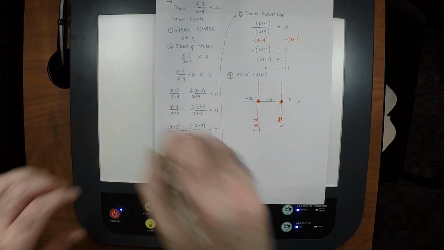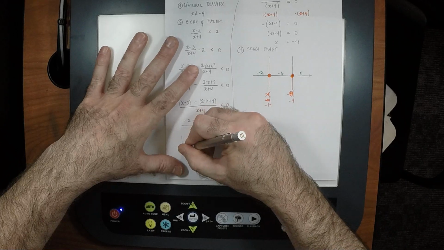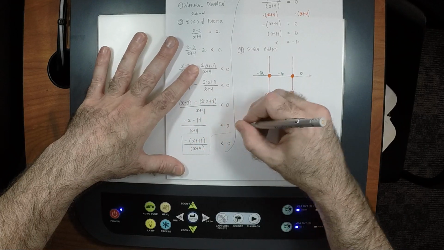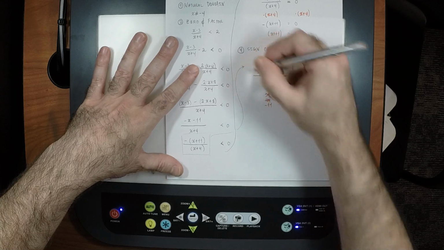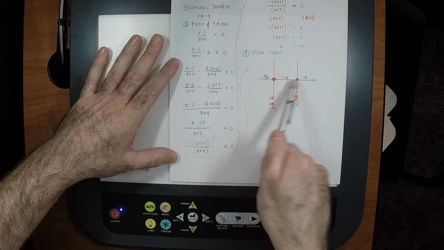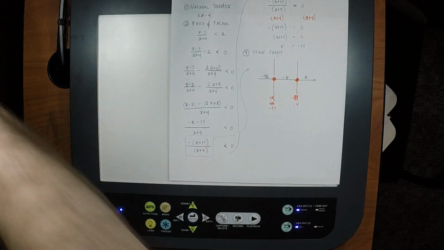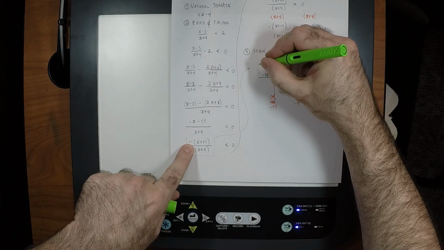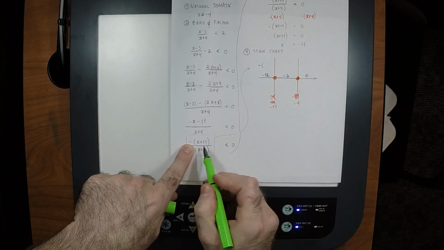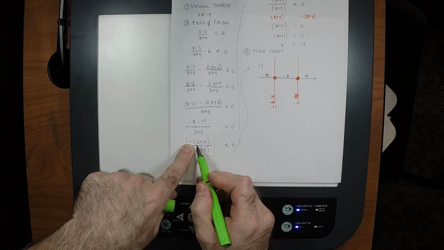So now we're going to take this expression right here, and we're going to evaluate it at all of those points. So here's a negative, so that negative just stays there. Then for this factor, if we plug in negative 12, will it be negative or positive?